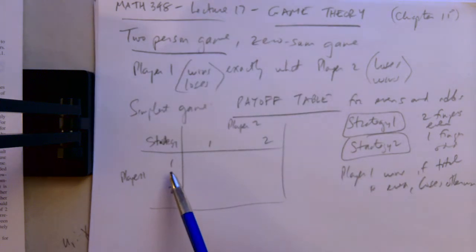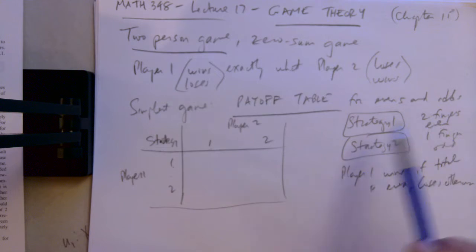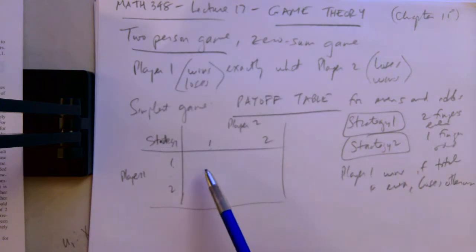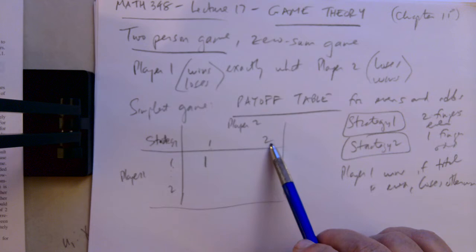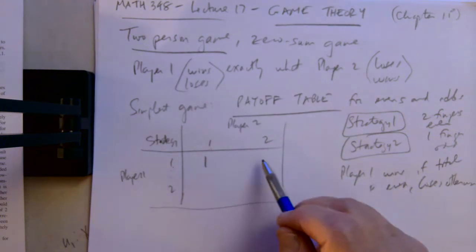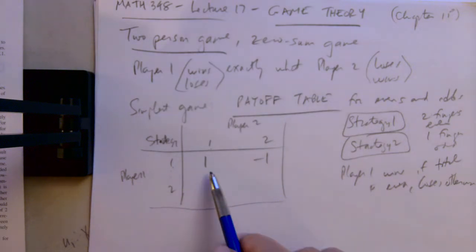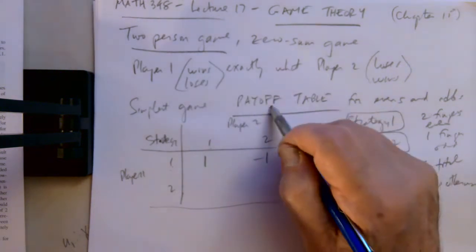So if player 1 chooses strategy 1, he puts out 2 fingers. If player 2 chooses strategy 1, he puts out 2 fingers. The total number of fingers is even. So let's say in that case, player 1 wins $1. But if player 1 chooses strategy 1 and player 2 chooses strategy 2, 2 fingers plus 1 finger is 3 fingers, that's odd. Player 1 loses $1. What I'm putting in this table is the payoff to player 1.